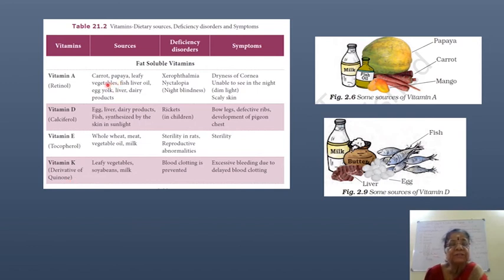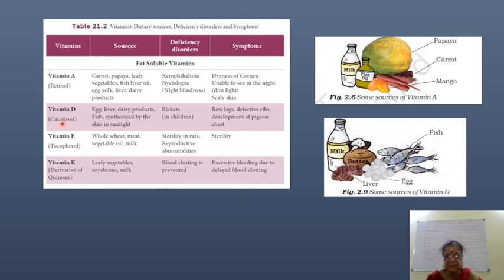Then sources: carrot, papaya, and these vegetables have vitamin A. Egg, liver, dairy products have vitamin D. Vitamin D is also known as the sunshine vitamin. If you sit in the sunlight or go for a walk in sunlight for half an hour, your skin is capable of synthesizing vitamin D naturally.